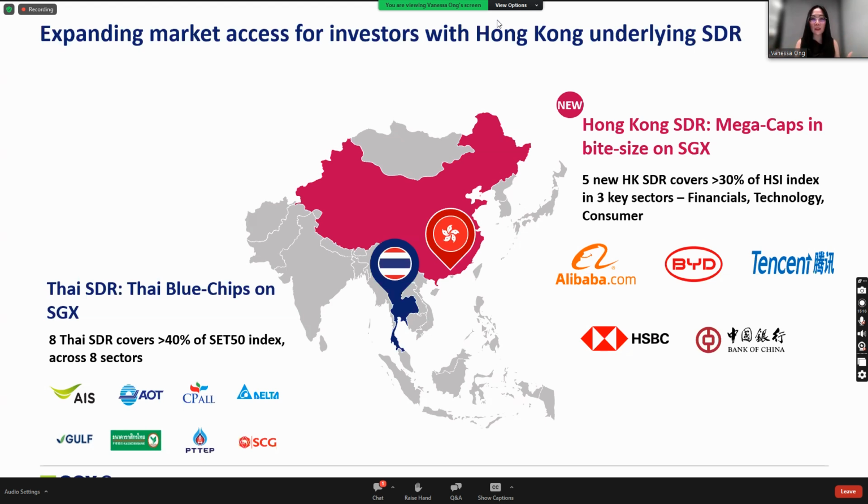Additionally, we are also launching 3 exciting China mega cap tech names, which have similar or even more exciting profiles than Delta. Also, these 5 underlyings are also the top traded DLCs and structured warrants that we currently offer on SGX, which allows investors to complement their existing portfolio of Hong Kong and China-based products on our platform.